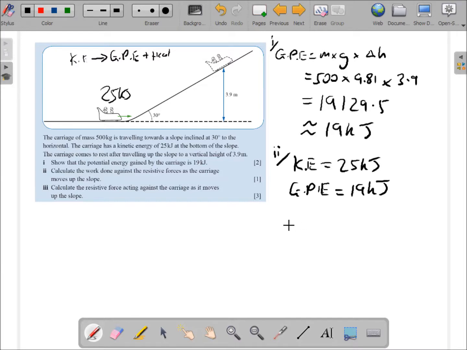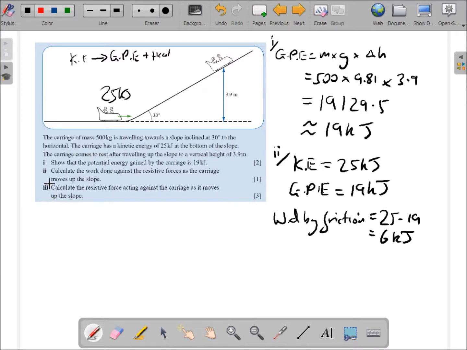Well, the rest of it's gone into doing work against the frictional forces. The work done by friction is going to be the difference between the two, and that's where our energy's been lost to. So 25 minus 19, which is going to give us 6 kilojoules of wasted energy, or work done against friction.